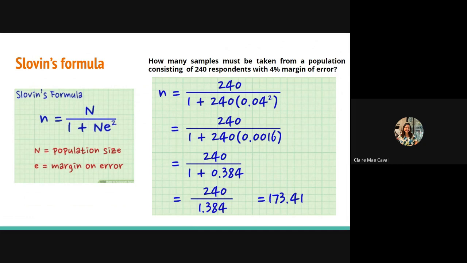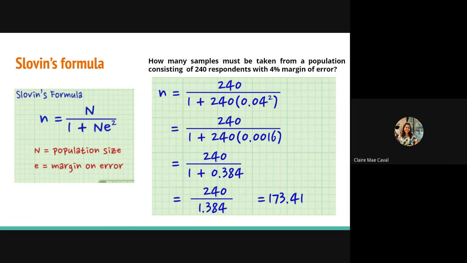Okay? So when is Slovin's formula used? Most researchers use Slovin's formula because they have a hard time deciding the sample size, especially if the population is large. So they have a hard time deciding how large a sample must be. So they use Slovin's formula.